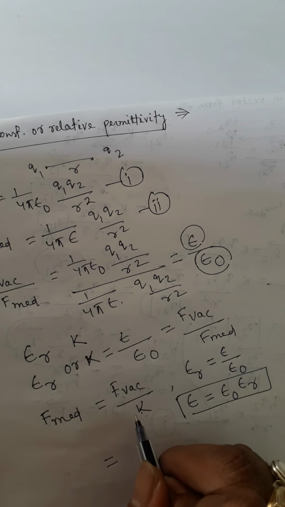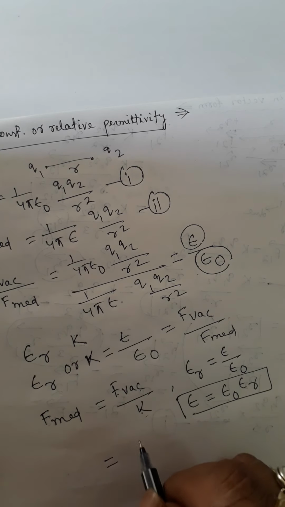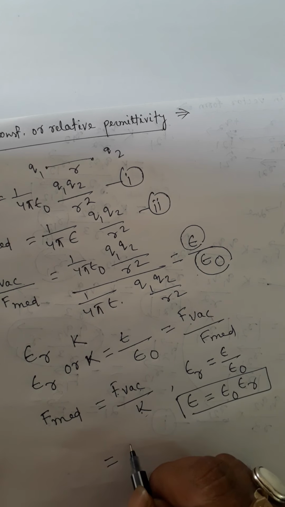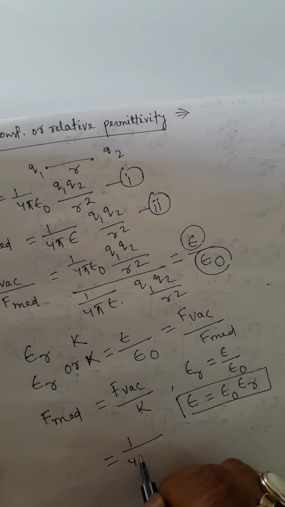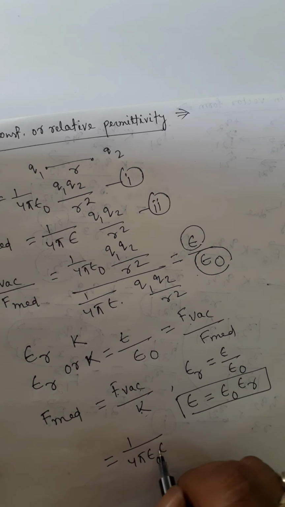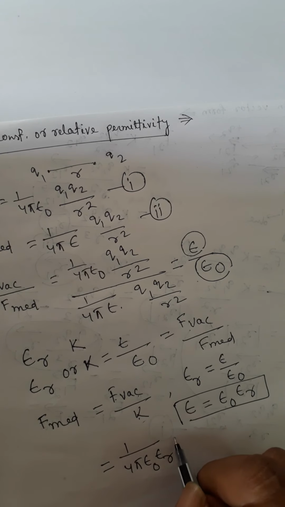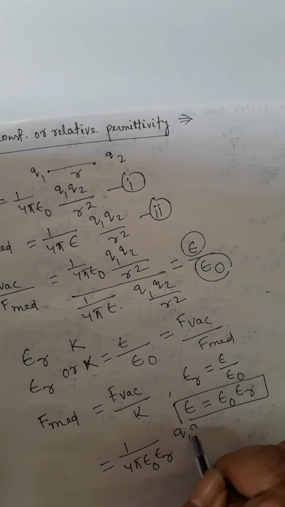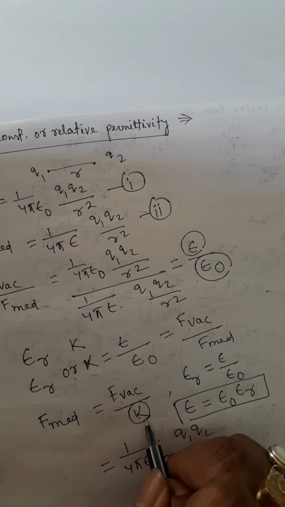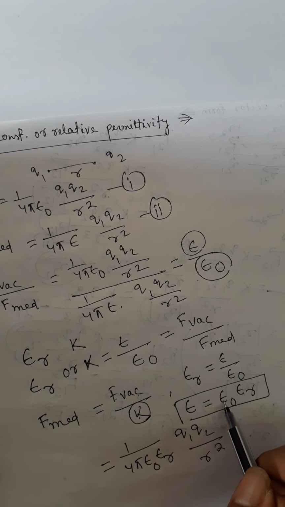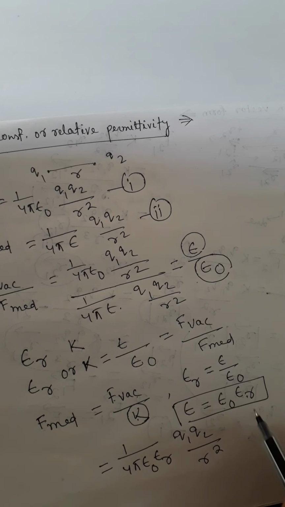That is 1 by 4 pi epsilon naught, or it will be 1 by 4 pi epsilon naught into epsilon r into q1 q2 upon r square. Instead of K, we can write epsilon r.